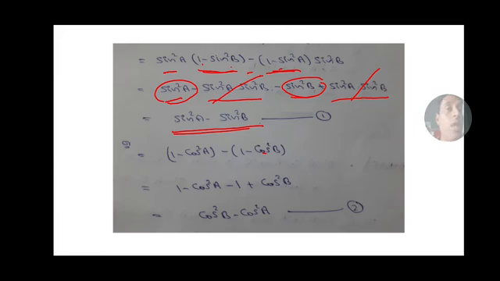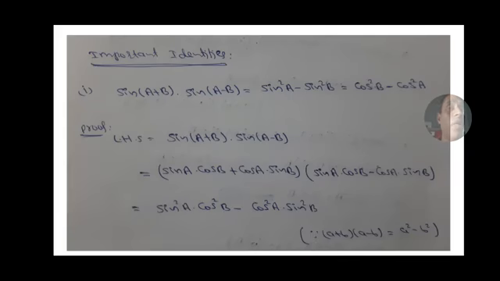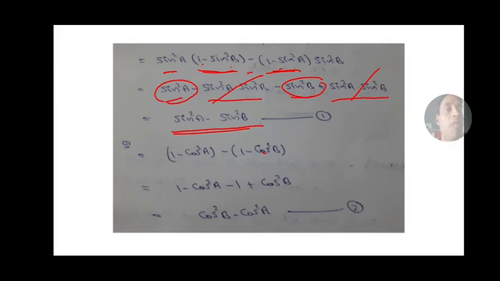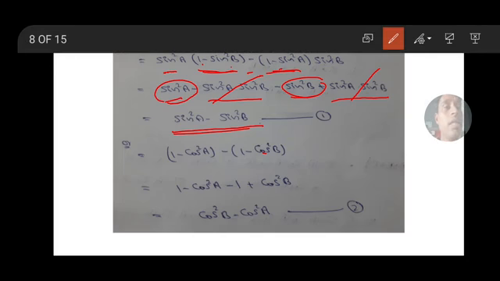Next, we have to convert and get it in cos terms, cos square b minus cos square a. Therefore, sin square theta equals 1 minus cos square theta. In place of theta we have a, therefore 1 minus cos square a. Sin square a can be written as 1 minus cos square a, and sin square b can be written as 1 minus cos square b.